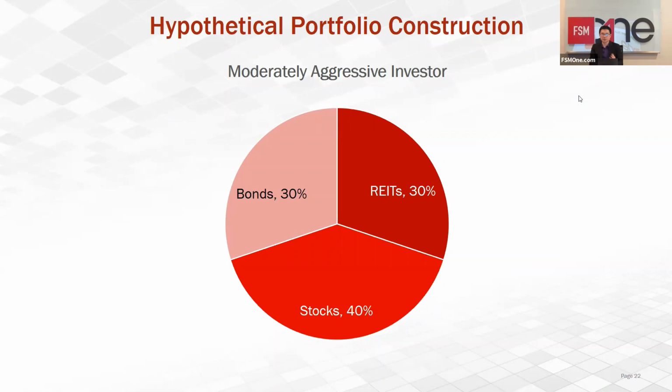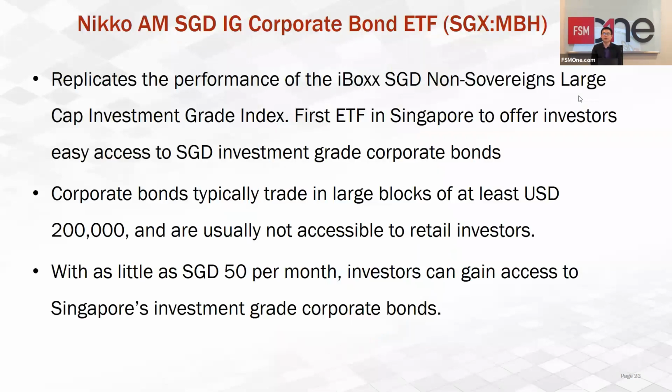Now the next step is actually product selection. So right now, I need to choose the suitable products for each of these individual asset classes that I have chosen. So I need to choose a product for bonds, for stocks, and for REITs as well. So let me start off with bonds. Okay, in the Singapore ETF space, there are actually quite limited options for bond ETFs.